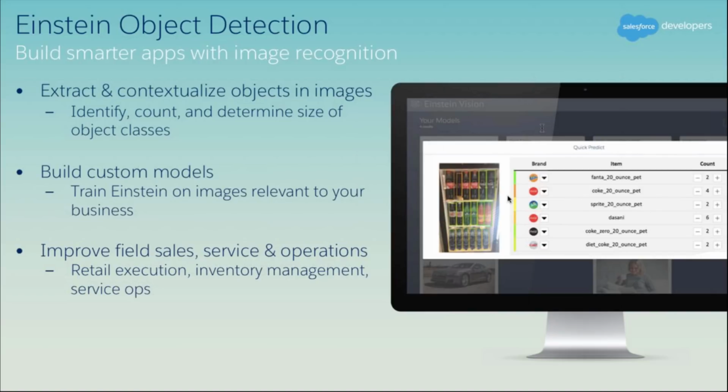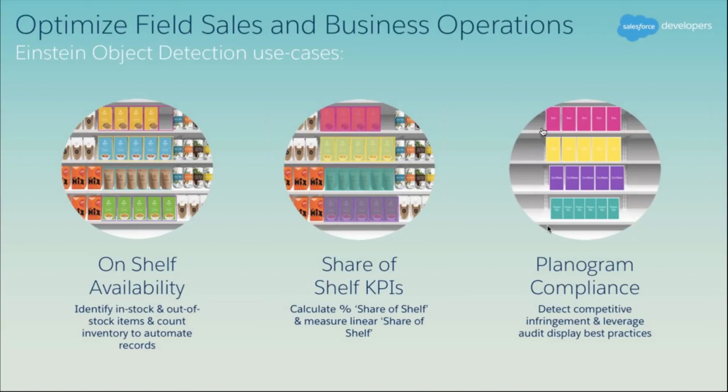Once again, we've made this very easy for you to build your custom models, to recognize the objects that you're interested in. And once again, you'll see that it's very easy to integrate these models into your Salesforce workflows or external applications. Now, specifically for object detection, I'll give you a few use cases here.